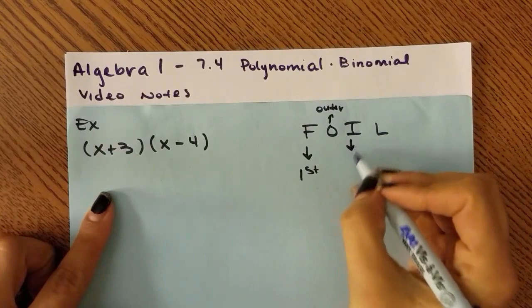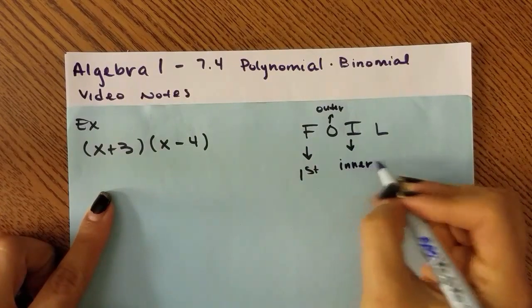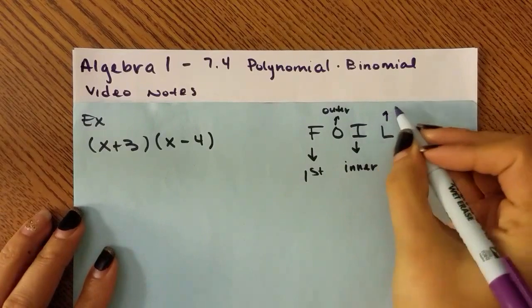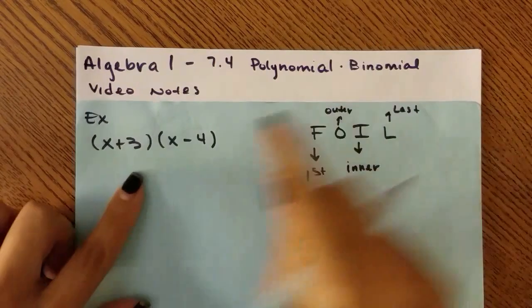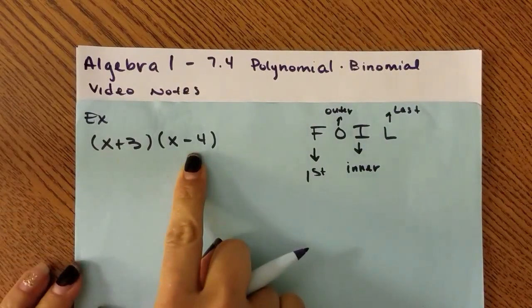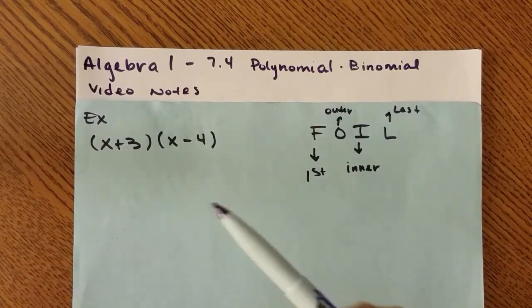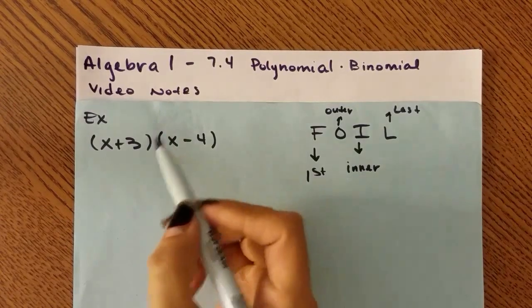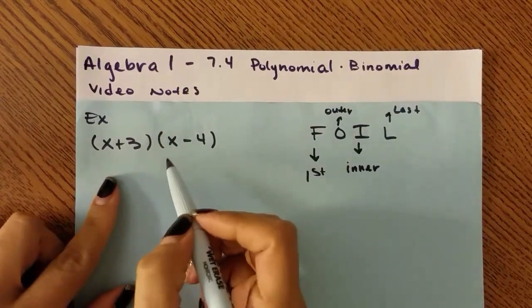The I stands for inner, so the two inner terms here, and then the L stands for last, which means the two last terms. And this will make sense in just a minute. So let me get another color, actually. Okay, so we're going to go ahead and FOIL this.